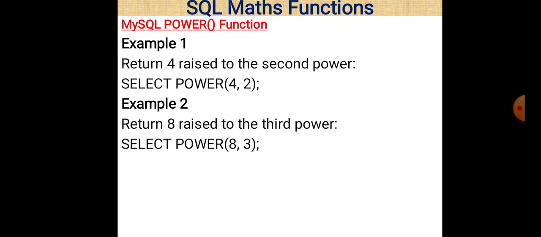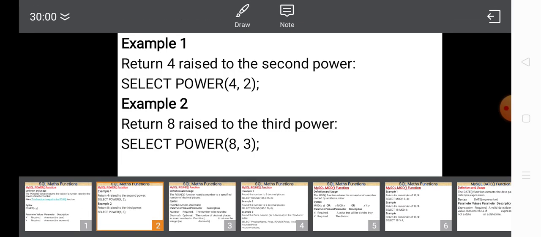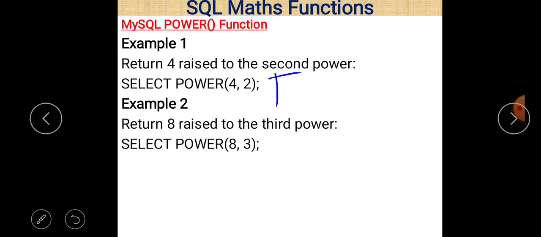So if you want to find out 4 raised to the power 2, then I just write a command in MySQL, select power(4, 2). And here one question is raised in mind, that the table name is not given. So the default table name is dual. So you can also write here from dual.